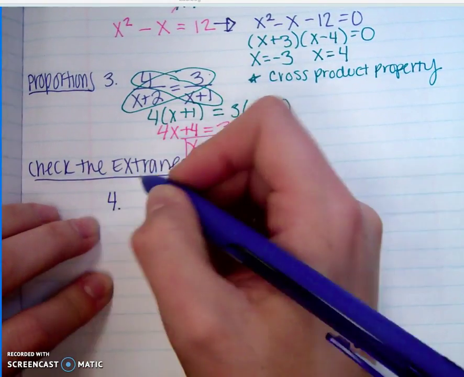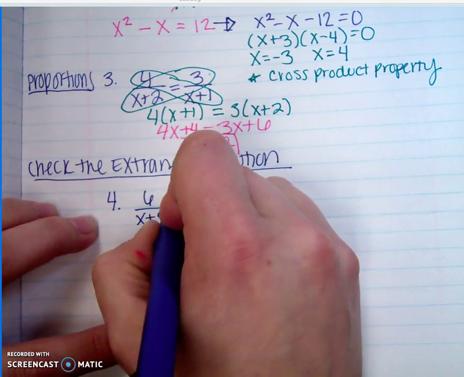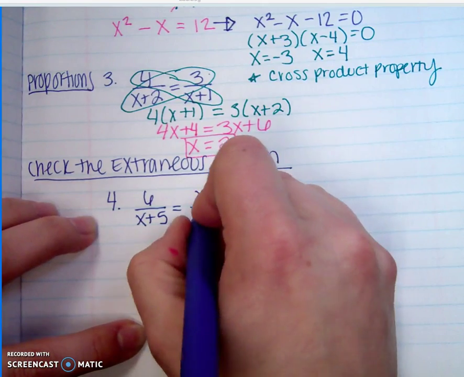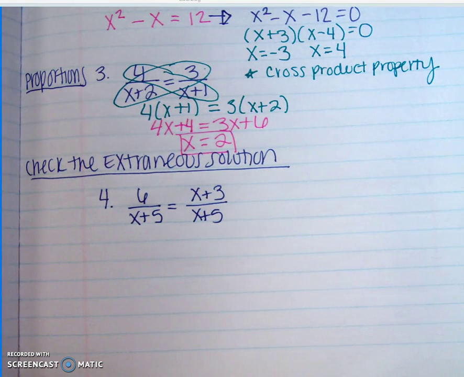So if we had 6 over x plus 5 equals x plus 3 over x plus 5, and it's asking us to check that extraneous solution, I've got to first solve for x and then see what we've got.